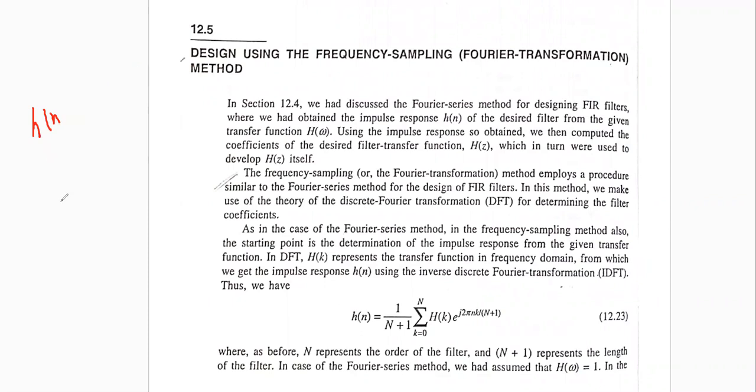Now we do the same thing, but with the DFT concept. Previously the frequency domain representation was continuous, and now it will be discretized. That is the fundamental difference. Nothing else, so very easy.